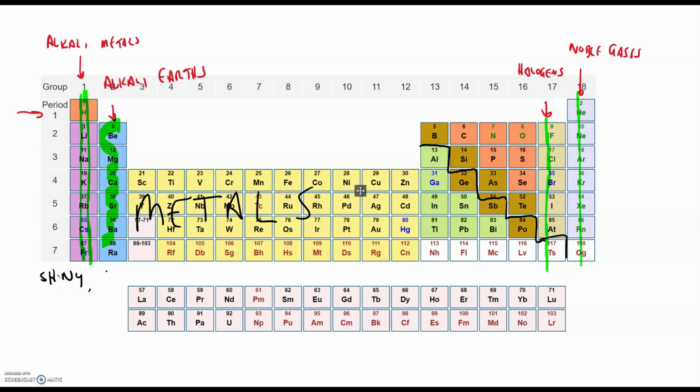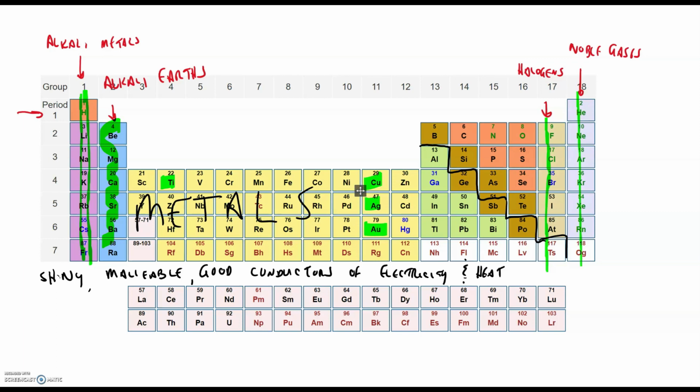They tend to be malleable, meaning they are flexible, and they tend to be good conductors of electricity, of both electricity and heat. Good examples of things that are metals are things that are metal-like. Gold is shiny, copper is shiny, silver is shiny, titanium is shiny. You get the idea.